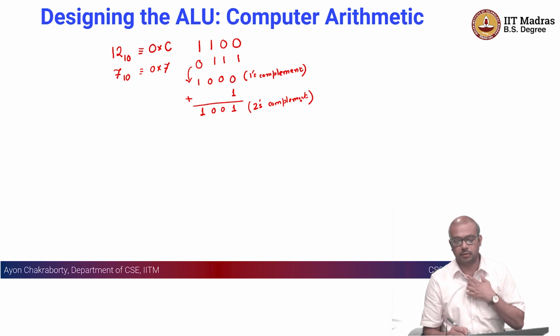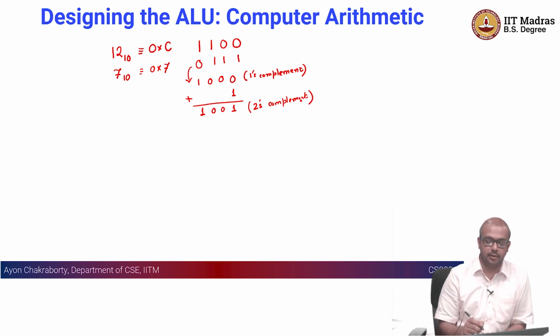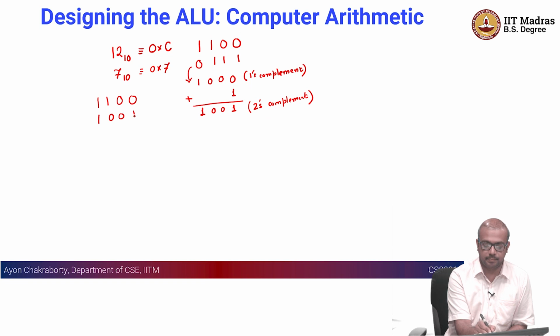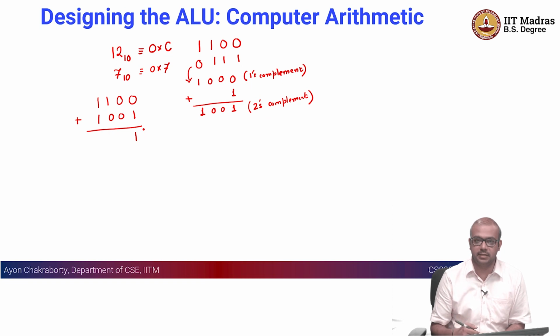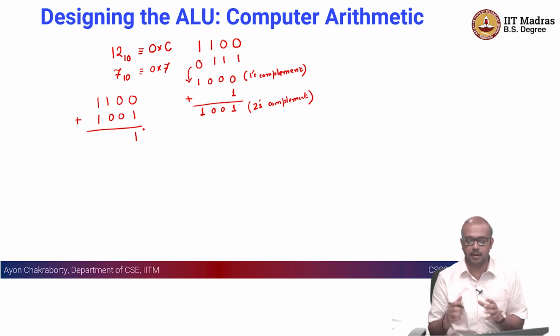Okay. So, then what we can do is take the value of 12, which is 1 1 0 0, and then add the 2's complement of 7, which is 1 0 0 1, okay, and then see what happens. So, if we do plus here, 0 and 1 is 1. By the way, you should be practicing this kind of thing, and you should be able to interpret with more and more examples, right.